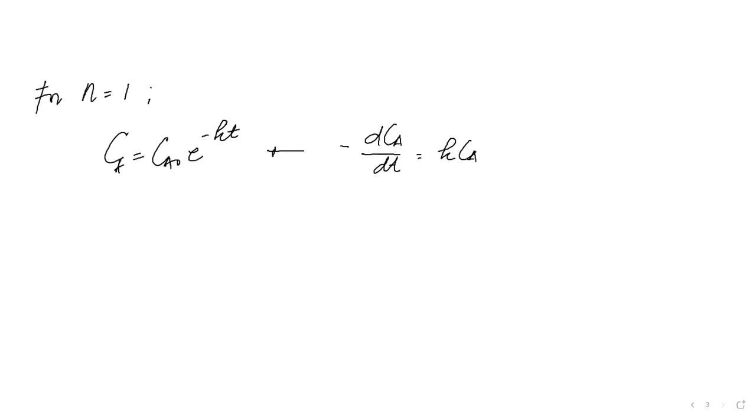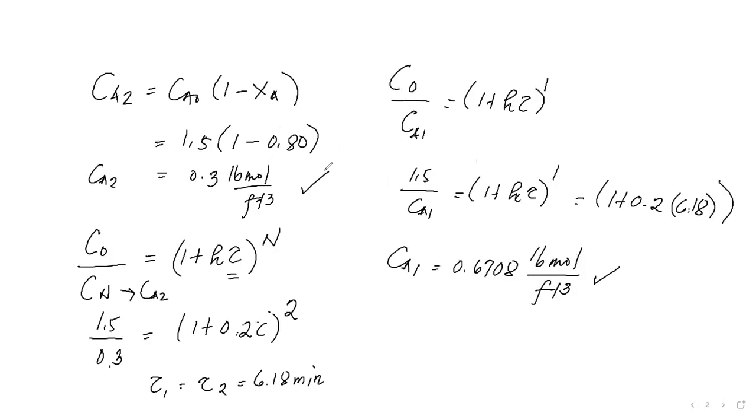Now, if we go back to the values that we have here, these will be the initial concentrations in our two reactors. So this is the initial concentration for the first reactor, and this would be the initial concentration for our second reactor, because the connection was already cut between the two.